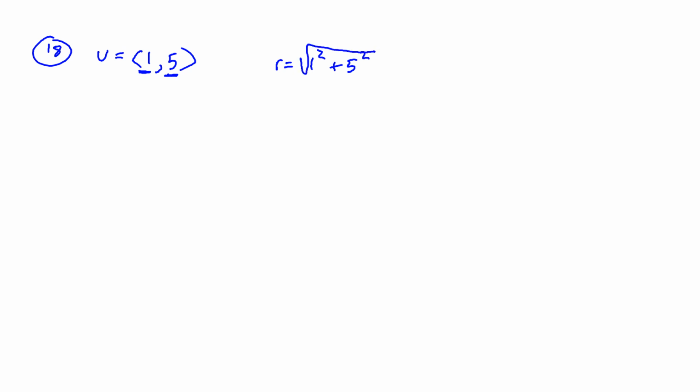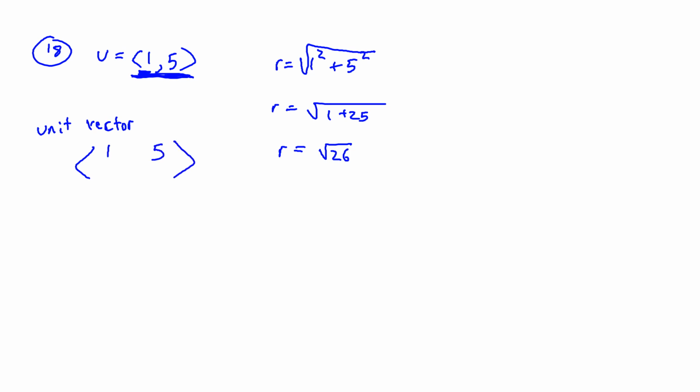So this is going to be the square root of 1 plus 25. In other words, the magnitude is the square root of 26. So to find the unit vector, this particular vector is length square root of 26. So if we divide by that same number, that will give us 1 for the length. So the unit vector will basically be the same vector, except that we're dividing everything by the magnitude, which is square root of 26.